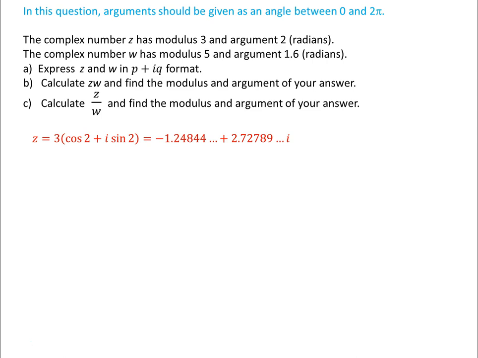And if we use our calculator and make sure that we're in radian mode, we get z is equal to minus 1.248 plus 2.727 times i.